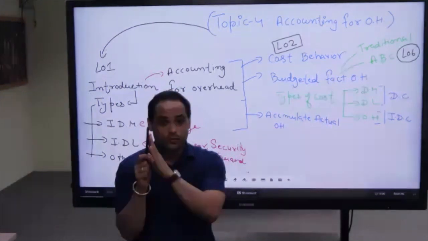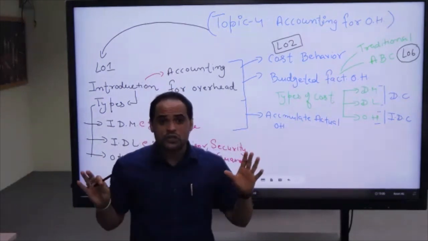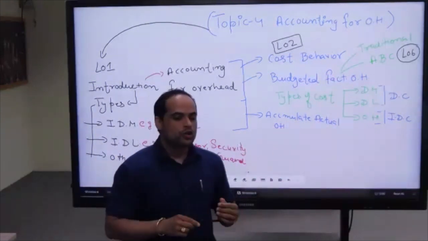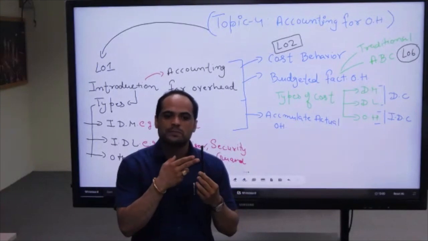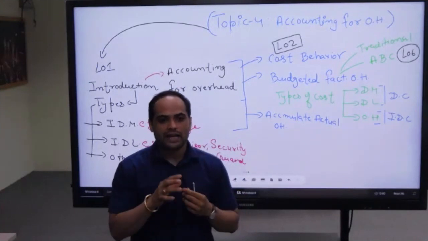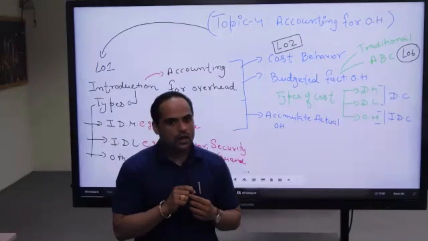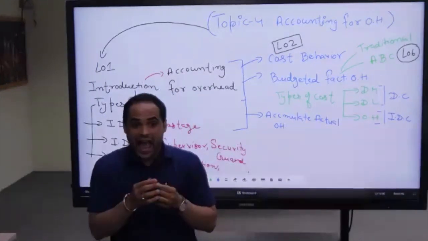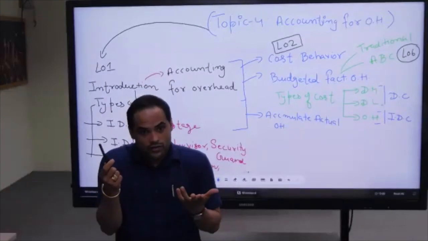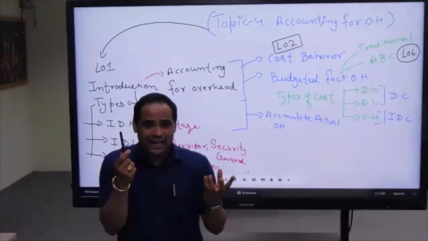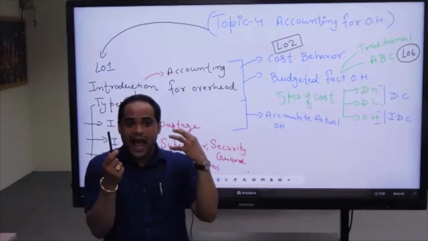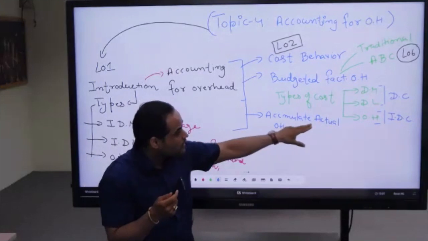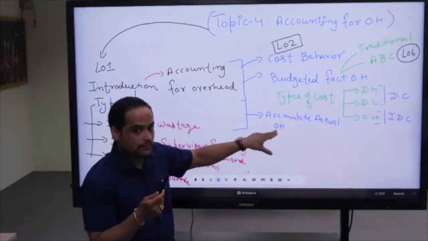Whatever we do in an organization, we make a plan. That's called a budget. At the end of the period, we actually produce this product, and then we see how much overhead cost we actually spent. This is called accumulates actual overheads.